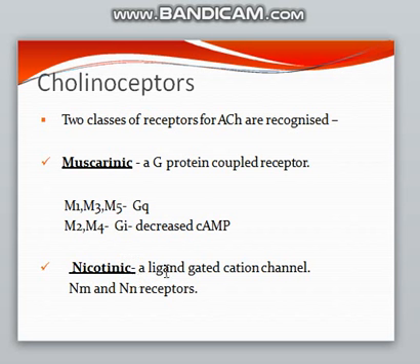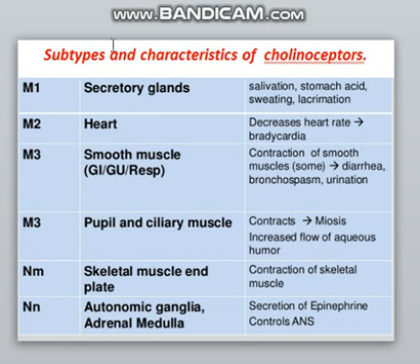Secondly, is the nicotinic receptor. It is a ligand-gated cation channel divided into NM and NN receptors. Here we can see the subtypes and characteristics of cholinergic receptors, where they are located and what the function of each is.